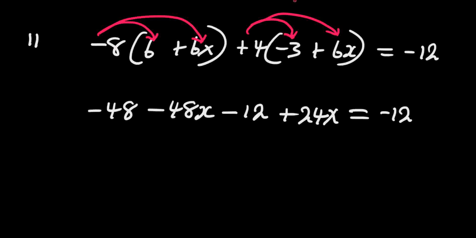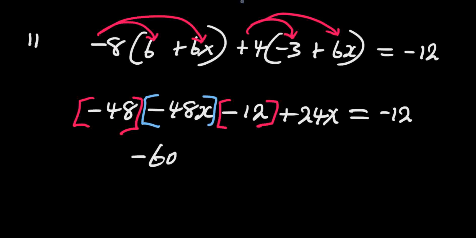So now we can combine like terms on the left side. And if we combine the values without x, such as negative 48 and also negative 12, if you combine these two values, this will give us negative 60. So we have negative 60. And also let's combine all the terms with x. So we have negative 48x here, and we have plus 24x.